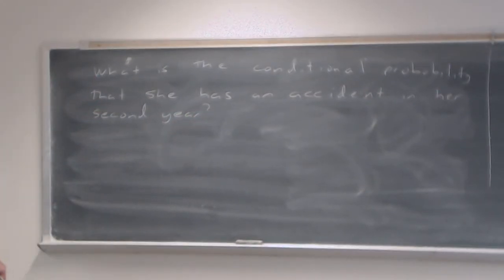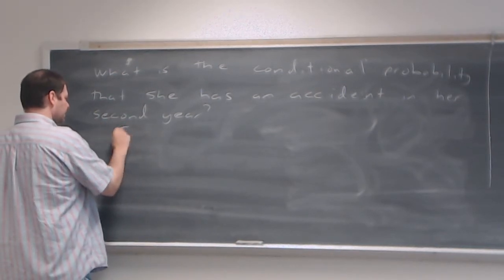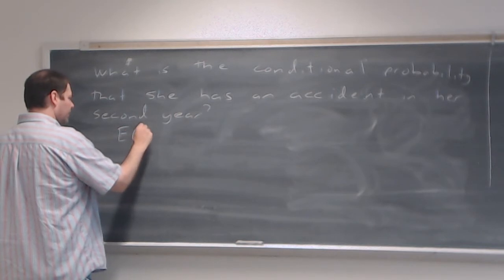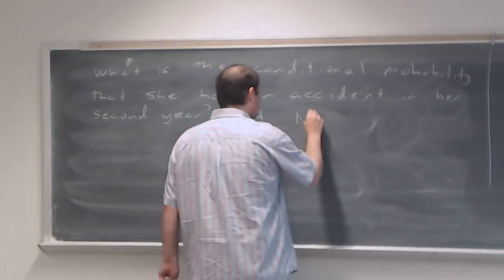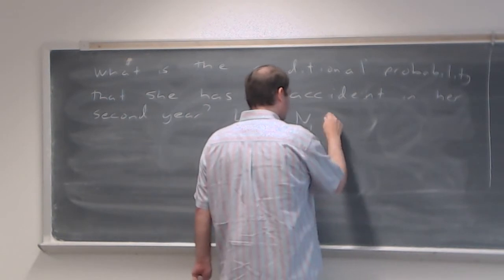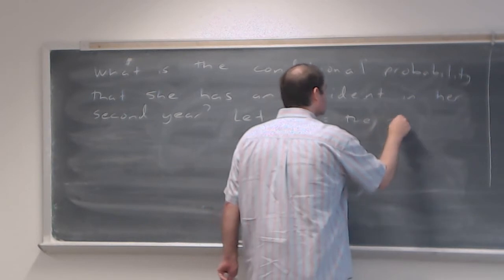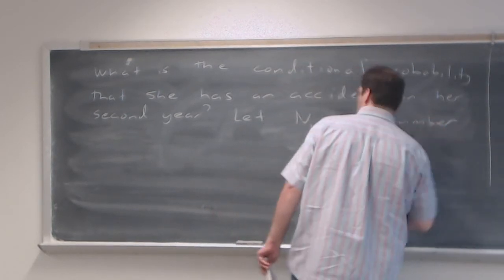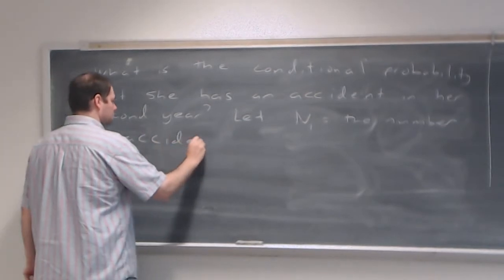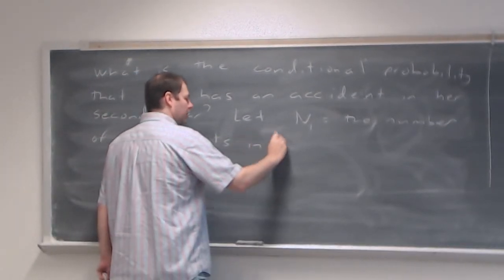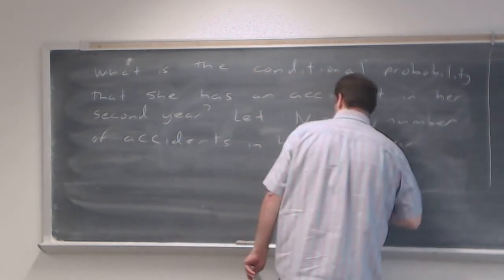For the first question, what's the expected value of the number? Here we'll let N sub 1 equal the number of accidents in her first year with the insurance company.